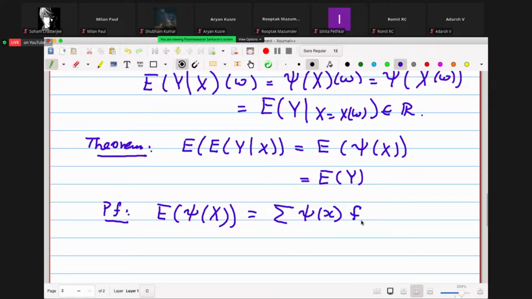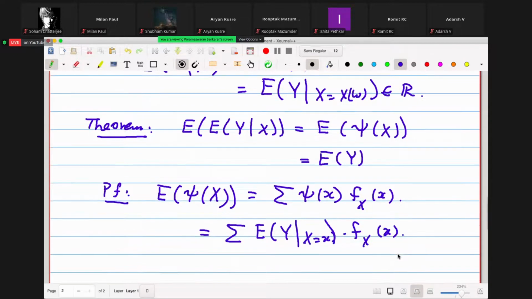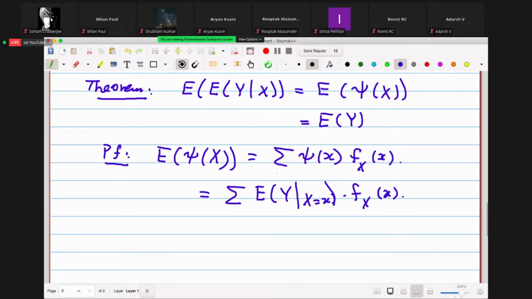Now unpack this. By definition, this is the expectation of Y given X equals x, times f_X of x. The sum is over x everywhere.